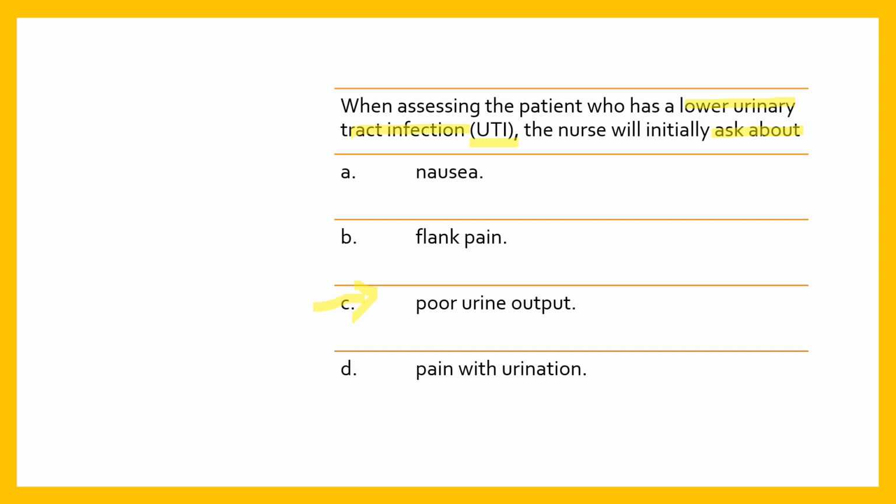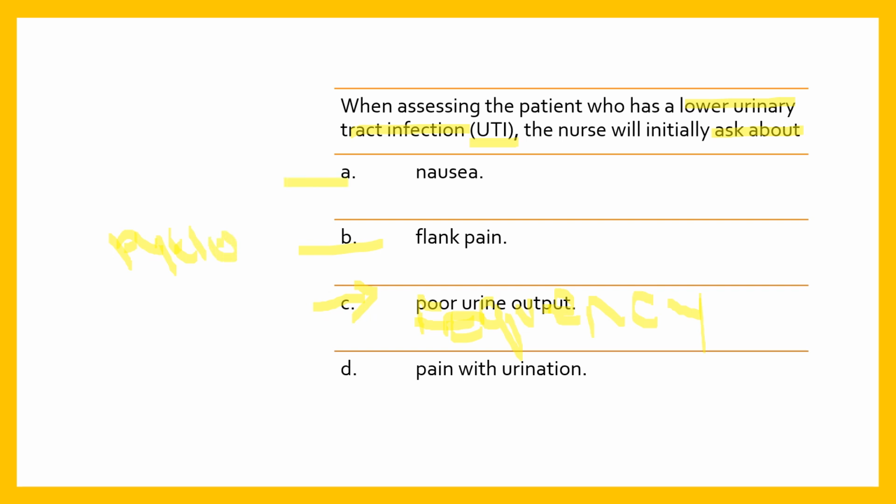Actually, hang on, scratch that. Instead of looking at it as poor urine output, that would be lower urine output. They usually have an increase, so they'll have frequency, not poor, right? Frequency and urgency are signs and symptoms of a UTI. So then we have flank pain, which is going to be pyelo. This is a symptom of pyelonephritis.